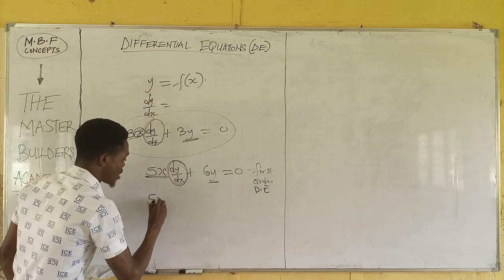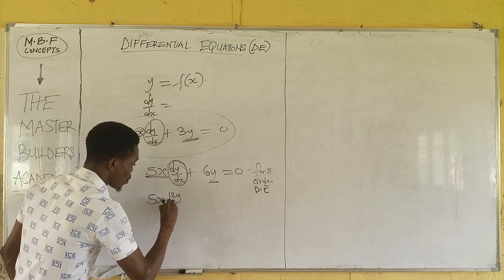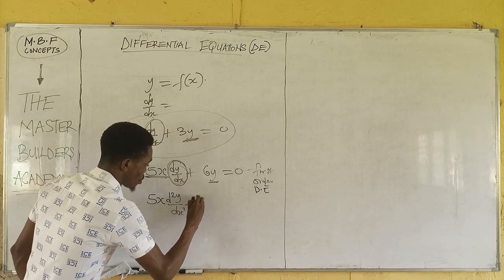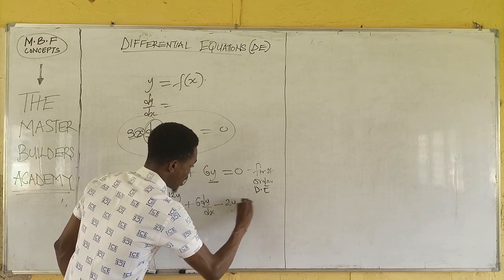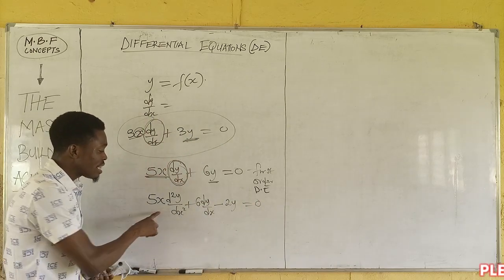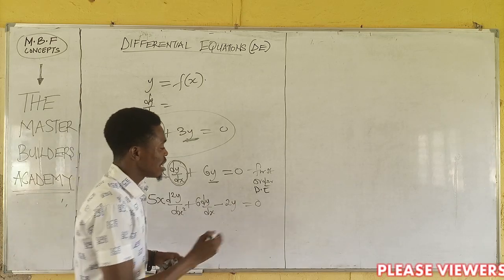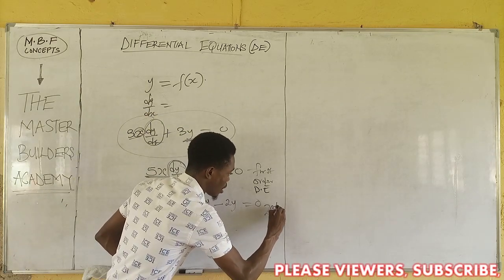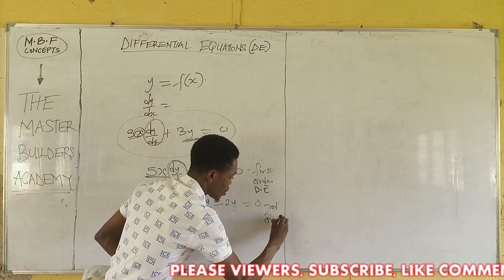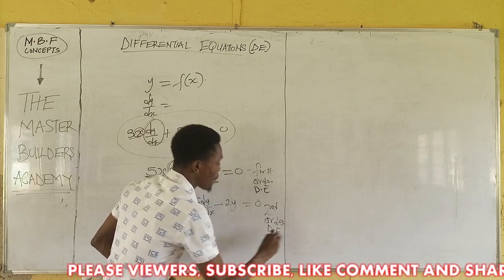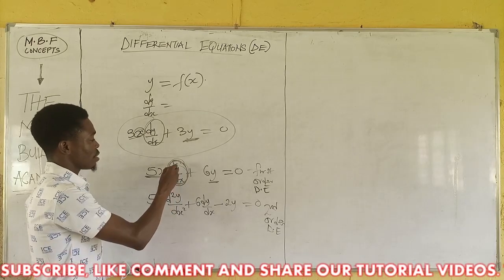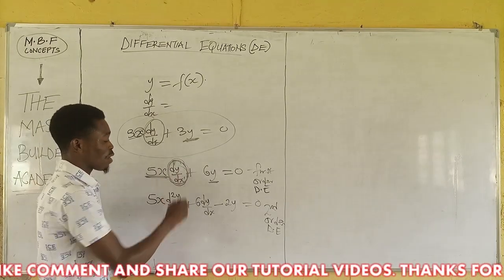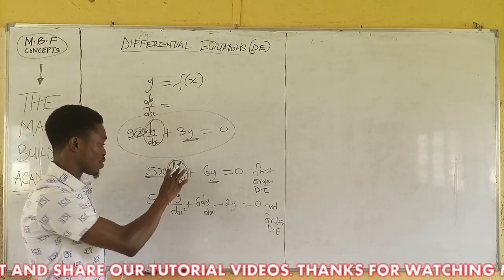Then for instance, I have d squared y over dx squared plus 6 dy over dx minus 2y is equal to 0. This is an example of a second order differential equation. So how do we know first order? When I have dy over dx, the power of this is 1, the power of x here is 1. So this is first order.